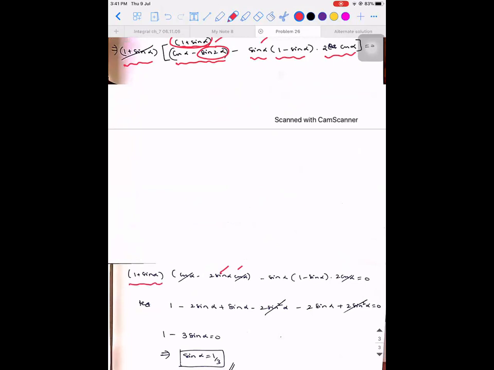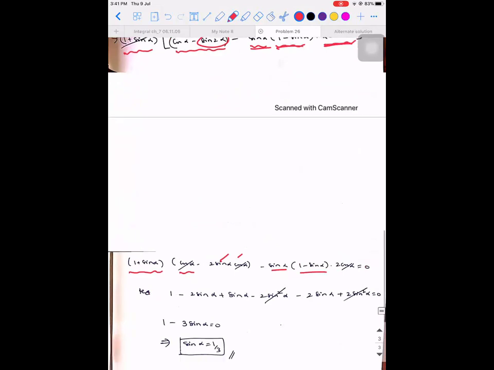So 1 plus sine alpha which is left out multiplied with cos alpha minus 2 sine alpha cos alpha, minus you have sine alpha, 1 minus sine alpha into 2 cos alpha. If you see, cos alpha is common throughout. So I cancelled it out. When you cancel it, you are left with 1 minus 2 sine alpha here. Okay. And here you are left with sine alpha into 1 minus sine alpha, with this 2 remaining.